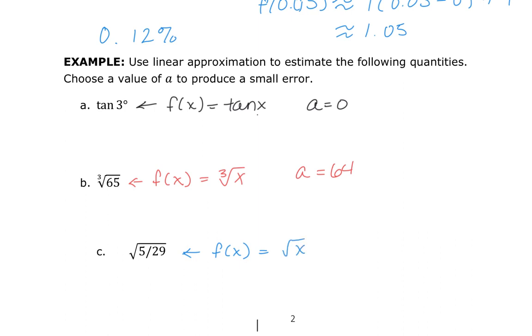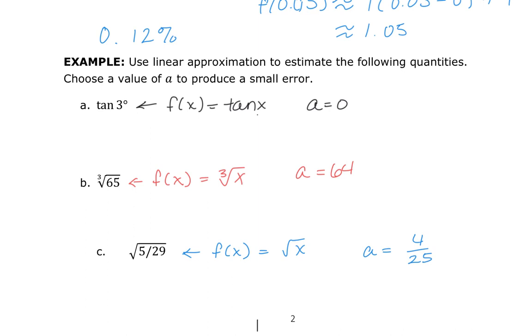And then 5 over 29, that looks like it's close to perfect squares. Let's go with another perfect square that's close to 29, because I want to choose something close to 29 that's a fraction. So I'm going to use 4 as a perfect square, maybe 4 over 25, because the square root of 4 I know and the square root of 25 I know.